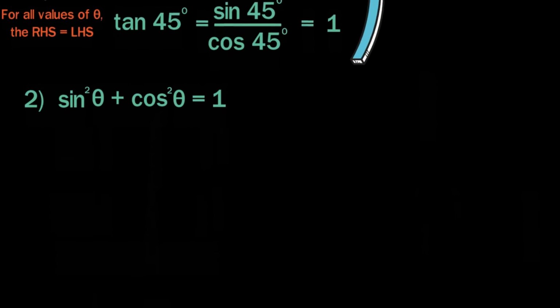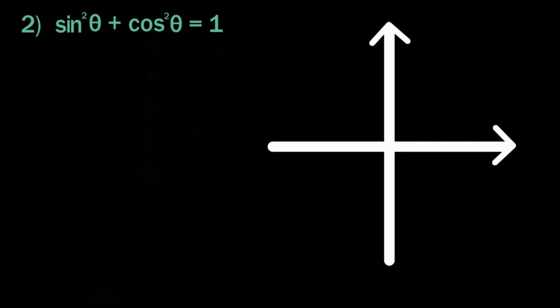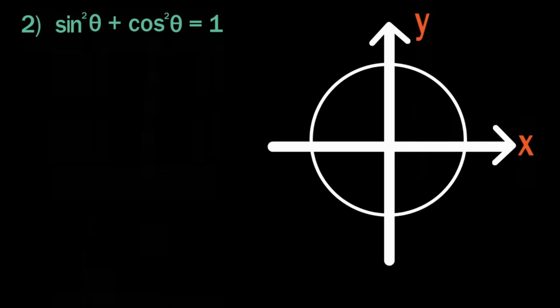For instance, let's say we draw a graph, x-axis, y-axis. Let's say we have a circle with radius 1, and this is a right angle triangle here, with a hypotenuse of 1. We want to find the y value here and the x value here. As you can recall, for sine, with the angle here, we use opposite, which is y, over hypotenuse, which is 1.